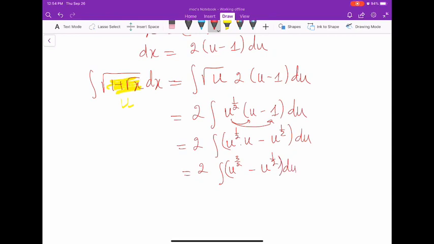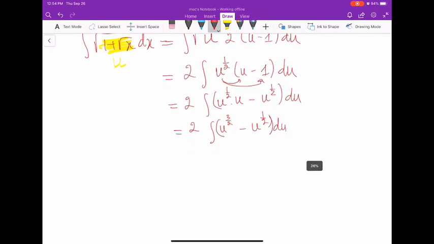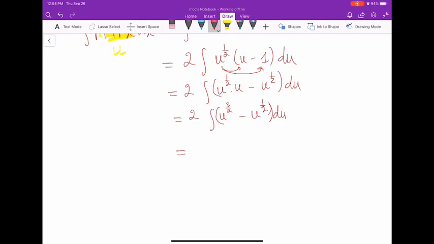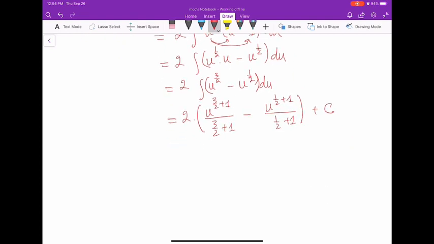Now I use the power rule for integrals. I get 2 times u to the 3/2 plus 1 over 3/2 plus 1, minus u to the 1/2 plus 1 over 1/2 plus 1, plus c. It looks not really bad, right?